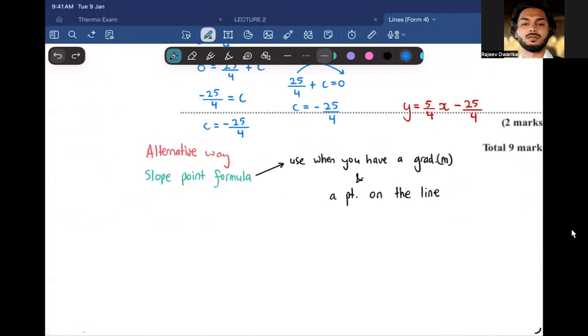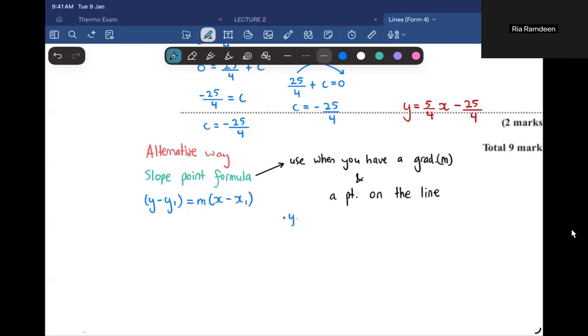So the formula goes like this. It's y minus y1 is equal to m by x minus x1. Ria, have you ever heard of this formula before? Nope. Okay, well, let me show you how it's used. Do you see y1 and x1?